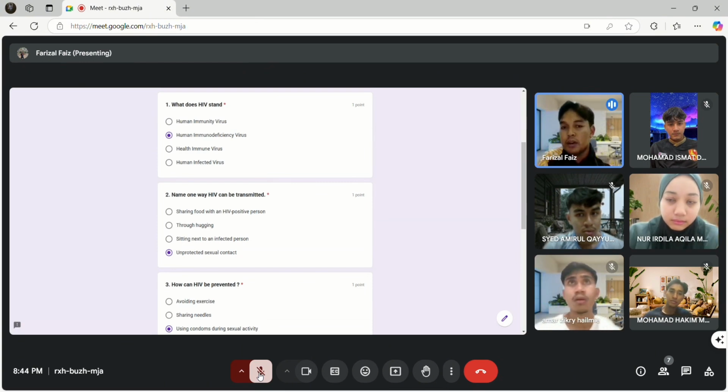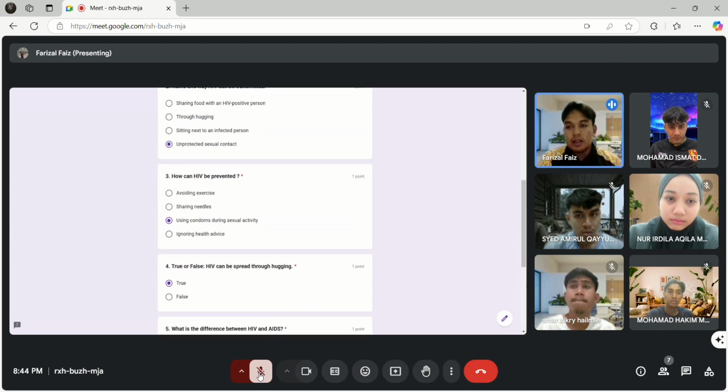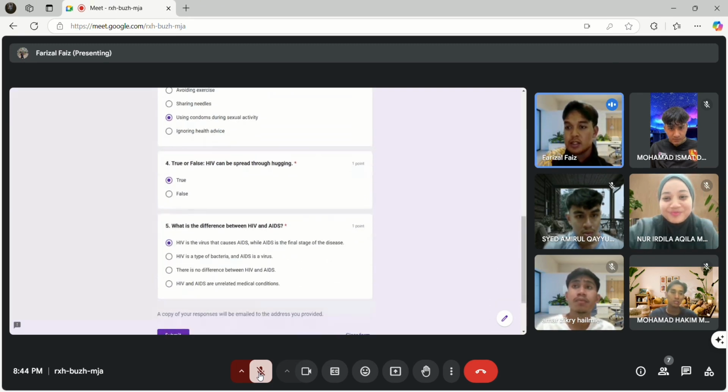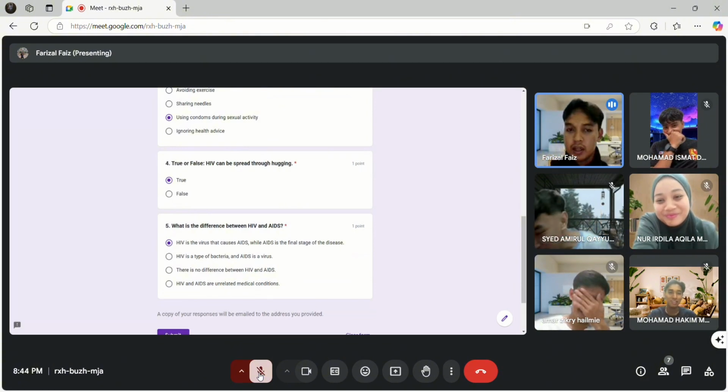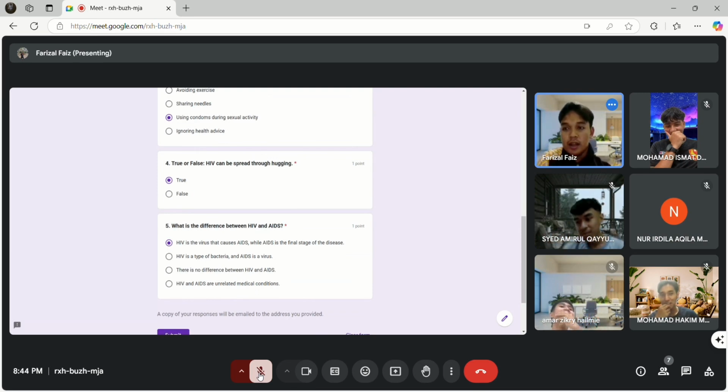Basically, all of you have a good understanding of this topic, but only one person answered wrongly, which is Ismat on the fourth question, true or false, HIV can be spread through hugging, which is not. HIV will not spread through hugging. There is only normal contact. So the correct answer is false.